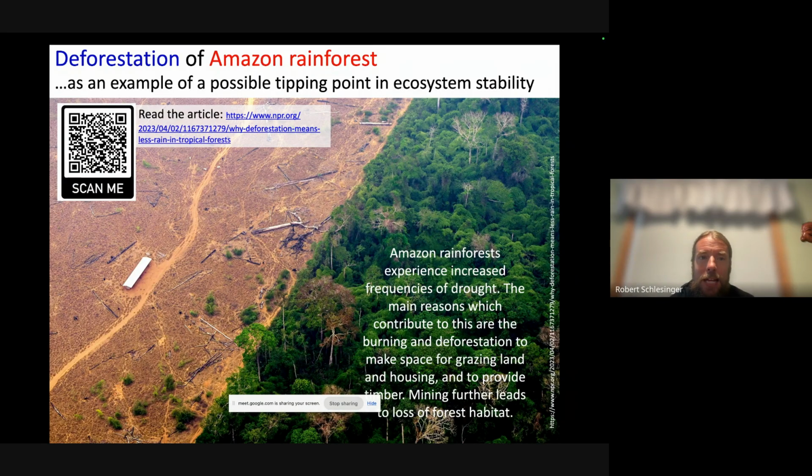And they're exploiting these areas. And a lot of the stuff that they're mining for isn't even being used in Brazil or in Paraguay or in Colombia or wherever. It's being exported out. And so that's a little bit more troubling as well.